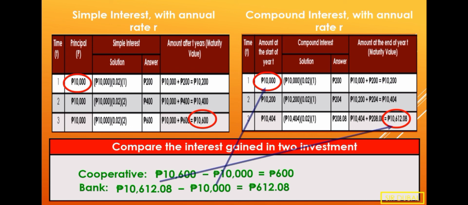So as we can see, we know that the bank offer is much better than the offer of the cooperative.